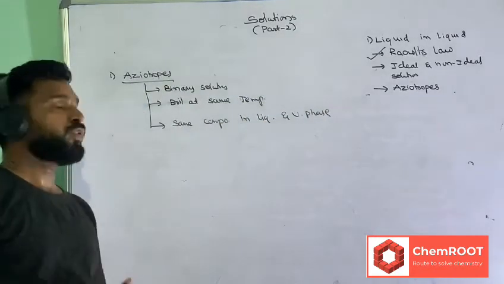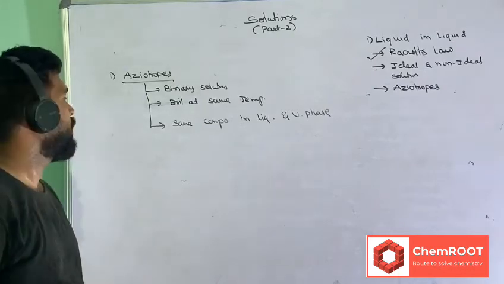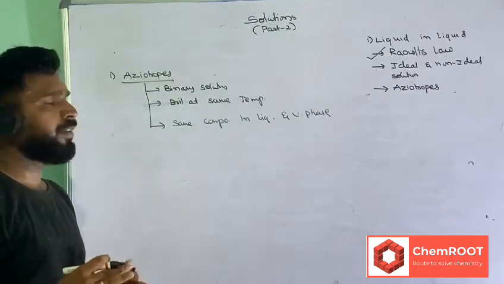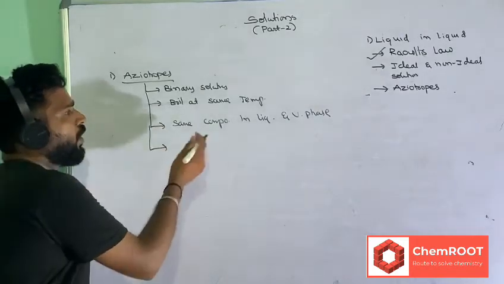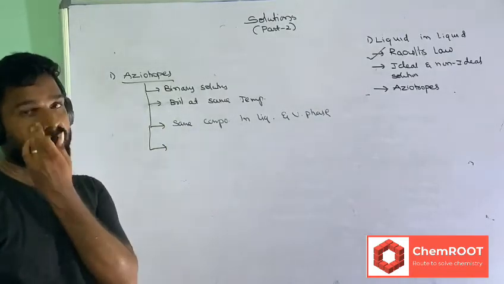So the binary solutions which boil at the same temperature and have the same composition in liquid and vapor phase are called azeotropes.